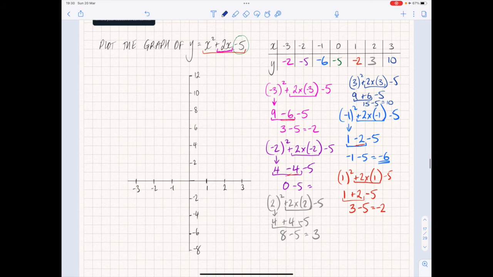Now we go to the point of plotting them. First point, minus 3, minus 2, so we're going down here. Minus 2, minus 5. Again, just double check your scale that each one of these values represents 1, whereas here it's 2. Minus 1, minus 6. 0, minus 5. 1, minus 2. 2, 3. 3, 10.